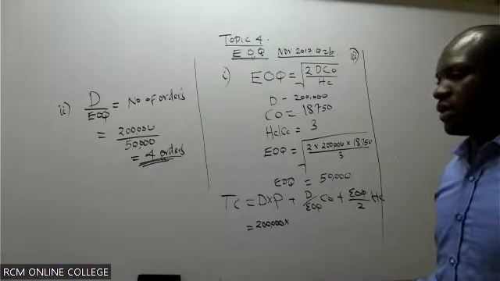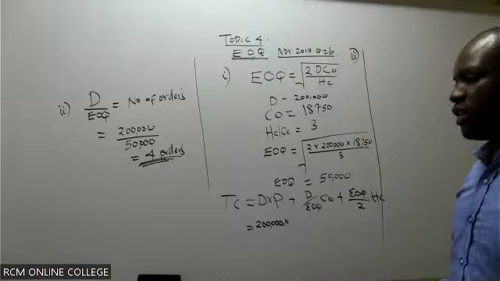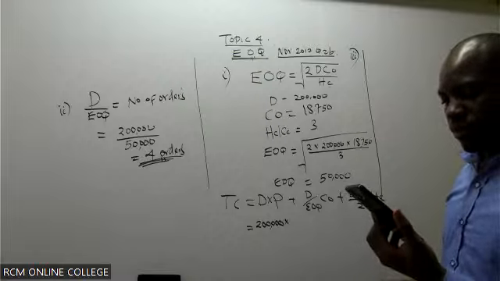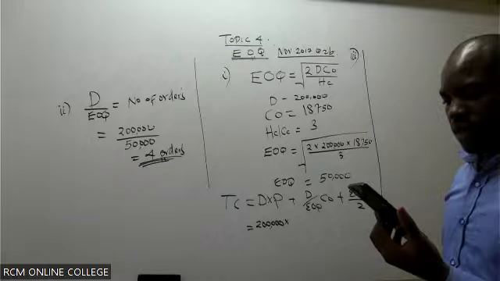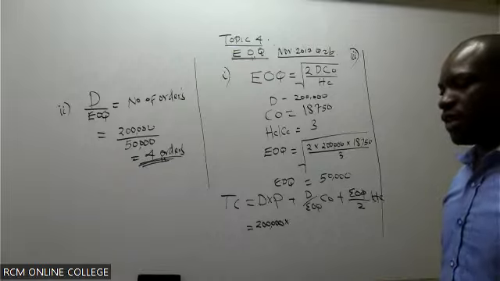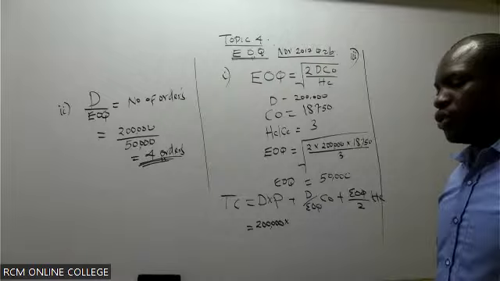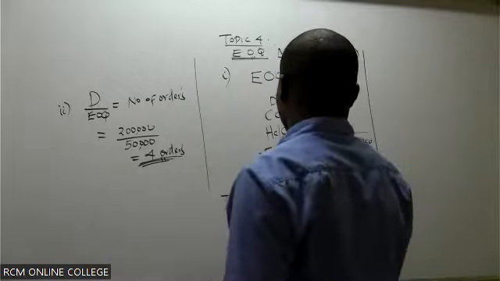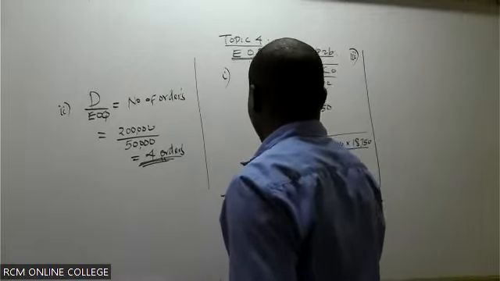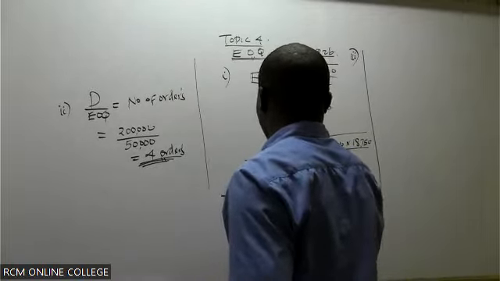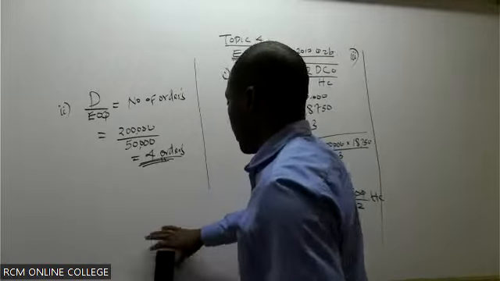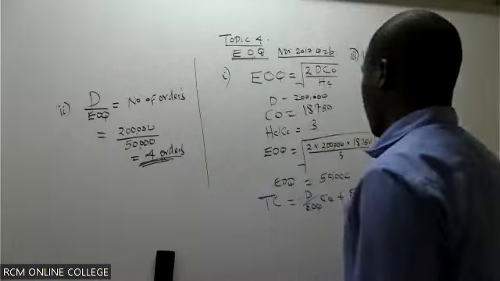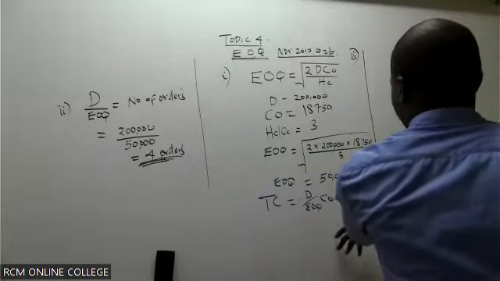Are we given the purchase price, the amount you're going to pay to the supplier? No. So if that is not given, we change our formula and do away with the part where we are required to use the purchase price. So this is what is going to remain here.